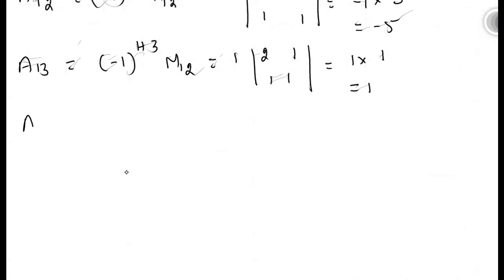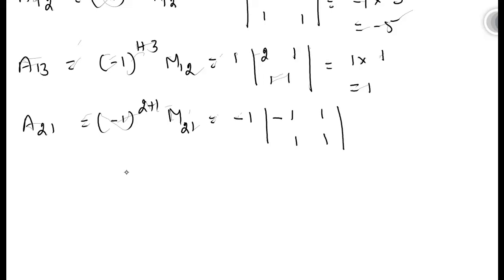Next, let us find the second row. A21 is equal to (-1) to the power of 2 plus 1, M21, which is minus of the determinant [-1, 1; 1, 1], which is minus of minus 2, that is plus 2.